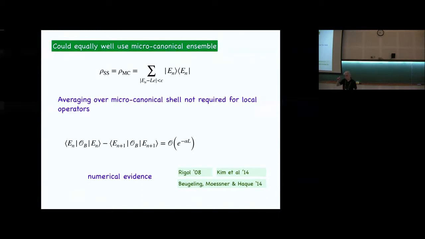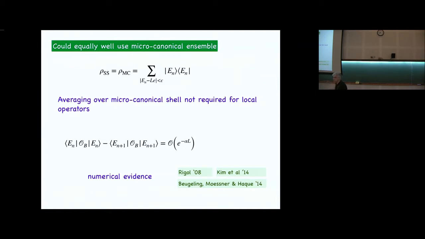If you only fix energy and then calculate the expectation value of a local operator in energy eigenstates where the energies are very close to one another, so they're in the same micro-canonical shell, the difference can be substantial. So what you have to do is a natural thing, and I might discuss this today, I forgot.